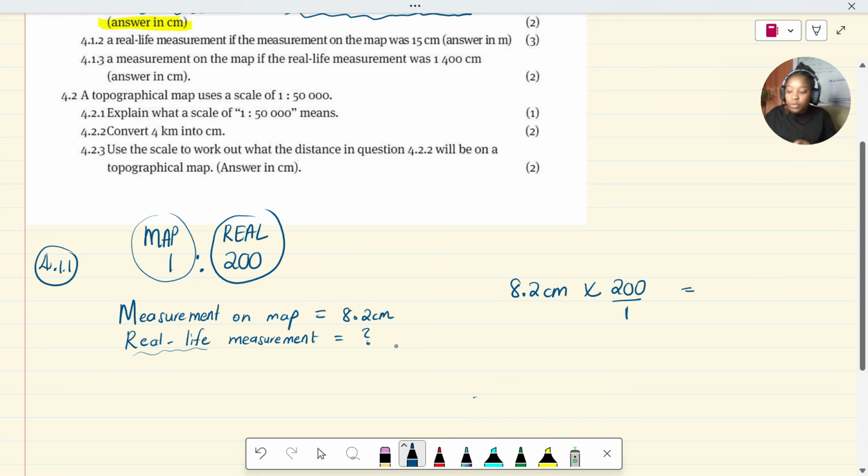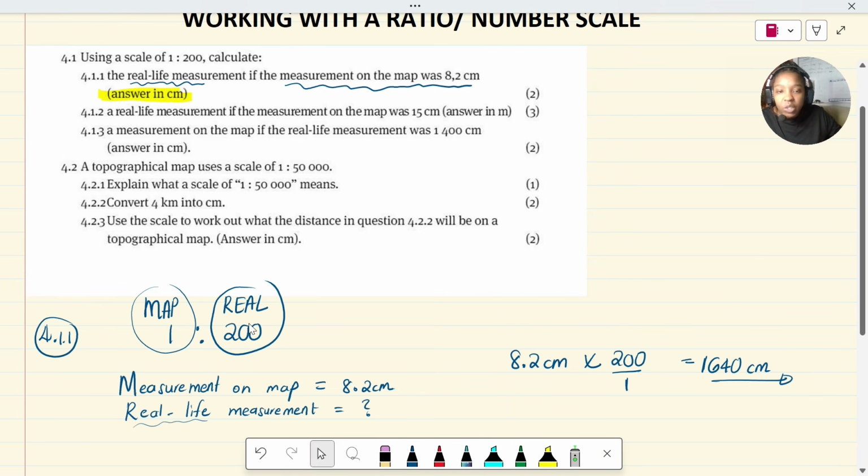So if you take 8.2 and multiply it by 200, you'll find that your real life measurement is 1,640 centimeters. Remember, we just need to leave our answer in centimeters.